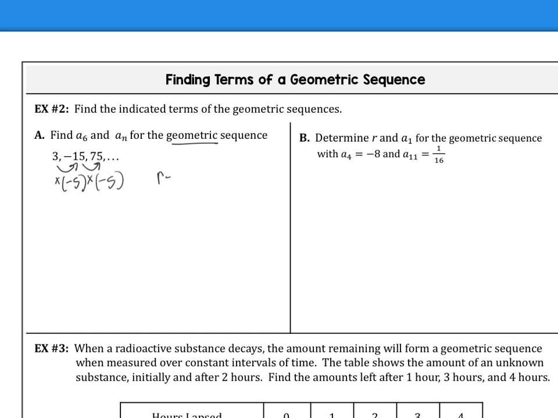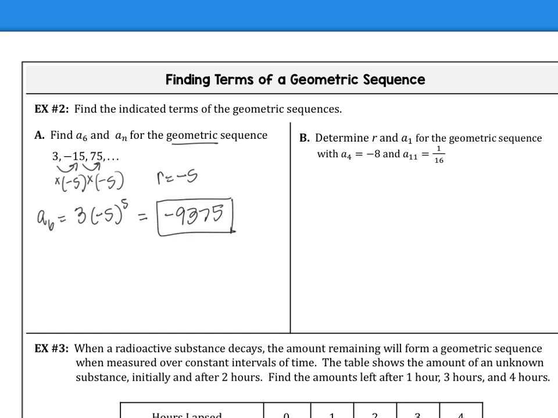So that means we know r is negative 5. So to find the sixth term, we'd say the first term times negative 5 to the 5th power. And then, of course, you're going to plug all that loveliness in your calculator. Not expecting you to be able to do that without one.